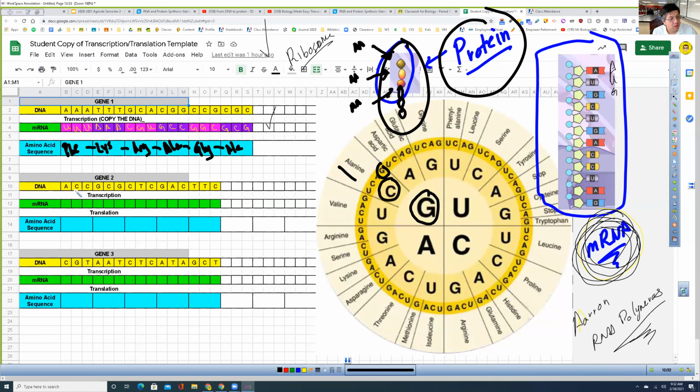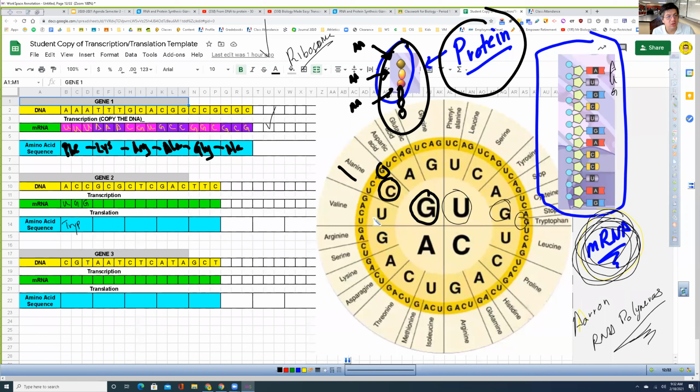So remember, the transcription, you take the DNA and make RNA out of it. So the first codon would be U, G, G. So then the first amino acid would be tryptophan, right? And then you just keep doing that process, okay?